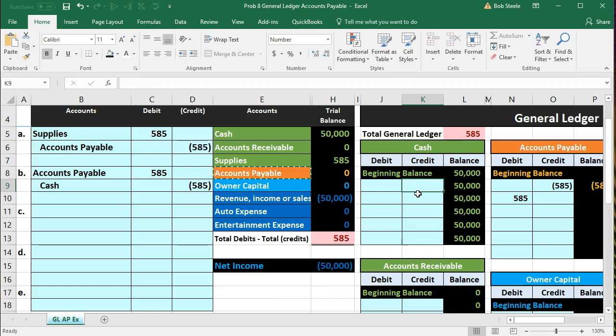So K9 equals, and then point to this 585. We have a debit balance here. It's going down by 585 in the credit direction, leaving a balance of 49,415. That balance is pulled over to the trial balance, 49,415, putting us back in balance here on the trial balance, meaning debits equal the credits.